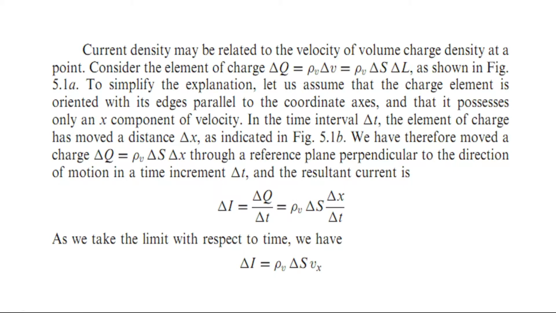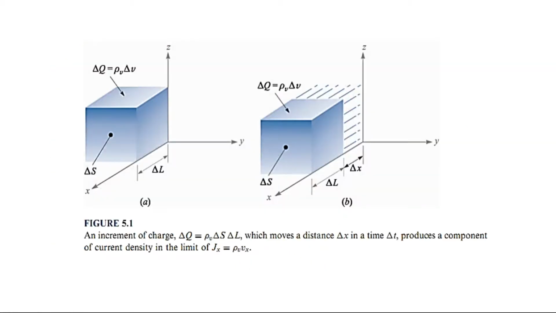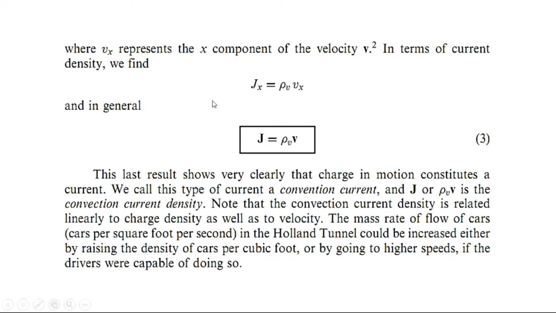Now how can we find the current density? As we know, the current density is the differential current by the differential area. So del I by del S will be equal to rho v vx. So J will be equal to rho v into Vx, where Vx represents the x component of the velocity.